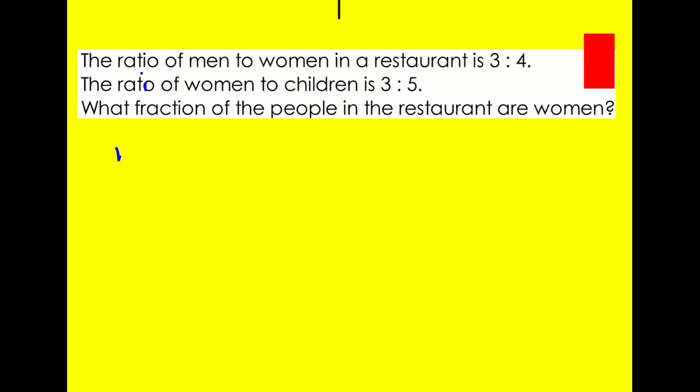Right, we know how to deal with this. Men to women is 3 to 4. Women to children is 3 to 5. We're trying to get it so these numbers are the same because then we can combine it all together. So I'm going to times this through by 3 and this through by 4 because that will make it 12 and 12.